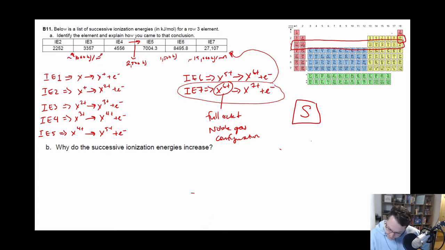So this is sulfur X+, this is X2+, and this is X3+ in terms of electronic configurations. Those first three changes in ionization energy are pretty consistent.